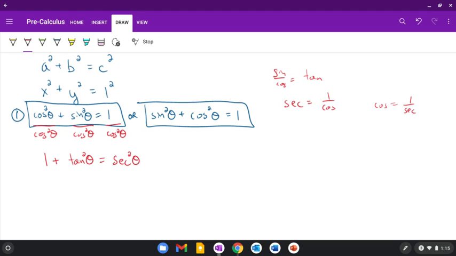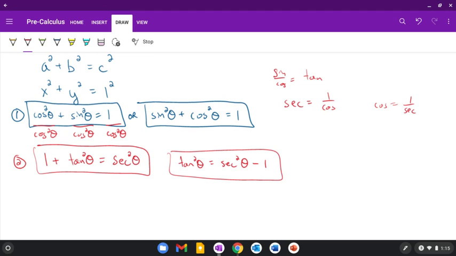And this is my second important equation here. We can also rearrange this any way we want to. So we could also write this as tangent squared theta equals secant squared theta minus 1, if I just subtract the 1 over. There are different ways that you can rearrange this, but this is my second important equation.